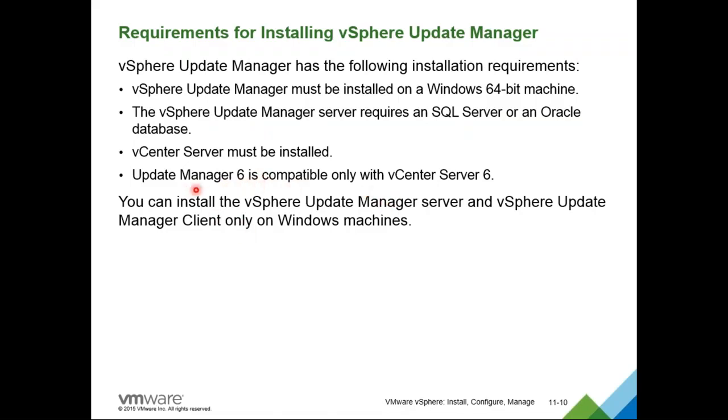Update Manager 6 is compatible only with vCenter Server 6. You can install the Update Manager server and client only on Windows machines. So it means on Linux machines you can't install Update Manager or the Update Manager client.